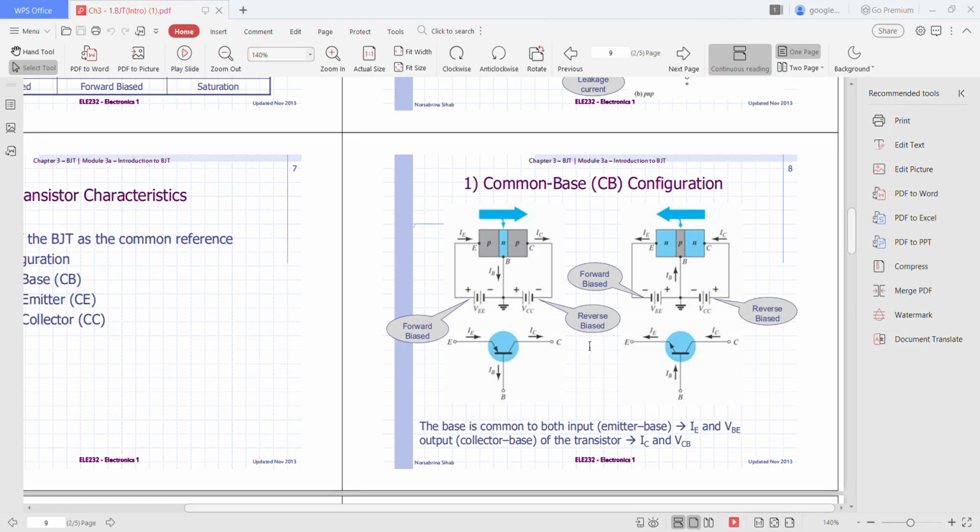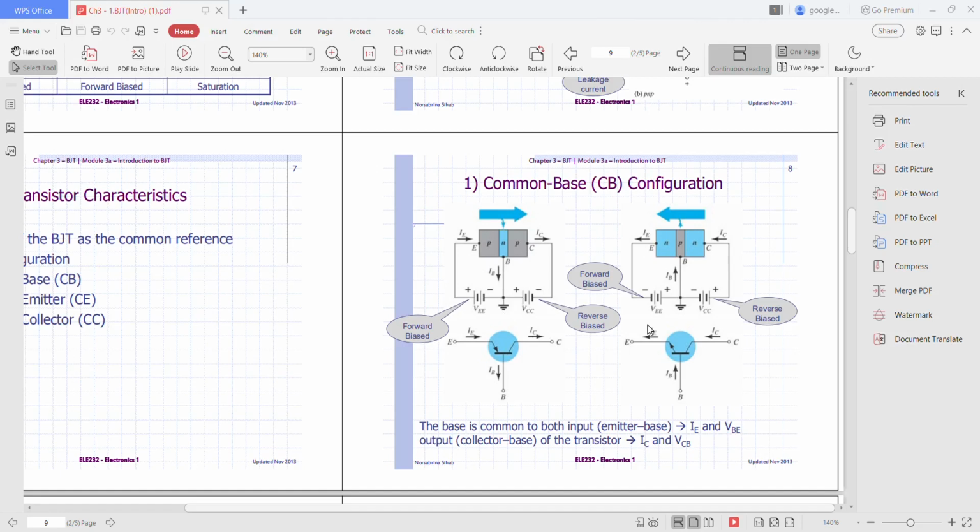So the notation and symbol used in the majority of texts and manuals for the common base configuration with PNP and NPN. This is the configuration for common base.